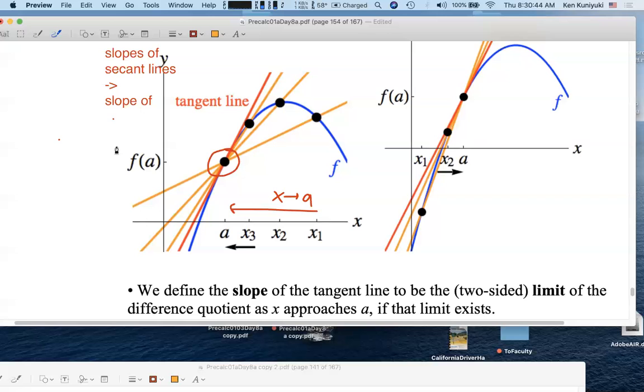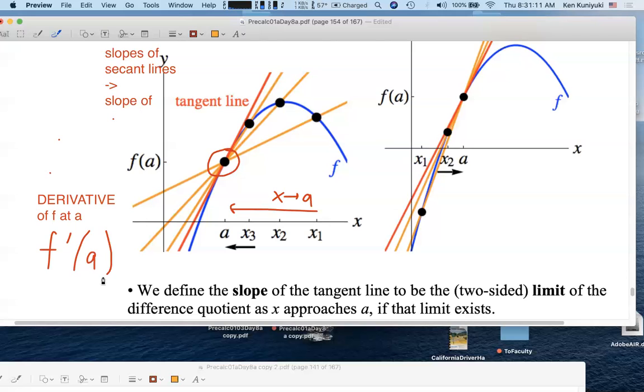And the slope of the tangent line is called the derivative. The derivative of f at a, which is often denoted by f prime of a.